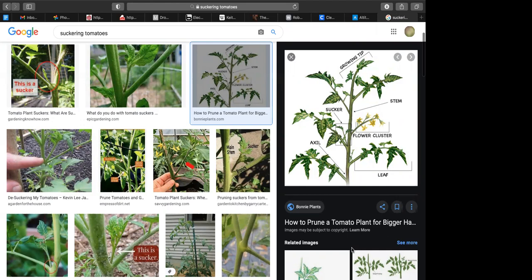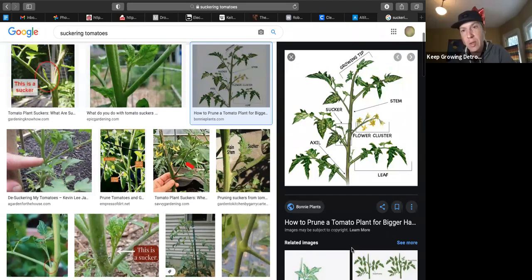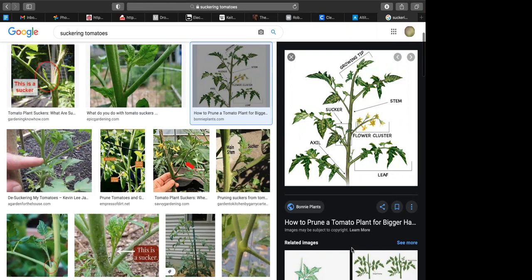Now in production, we do 2 leaders. Sometimes you might see 3, but that means they let these suckers over here grow to the same size as the leader, alongside the leader, at the growing tip. You want that sucker to be right up there with the growing tip, so that you have 2 leaders.